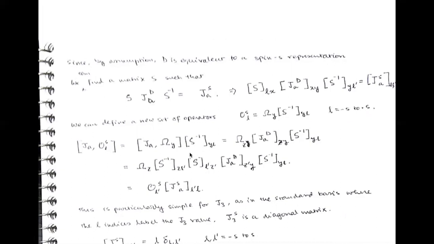So now what do we have? You can operate J_a on O_Ls. So you write this out in the way that we have been doing so far. If you use the fact that O_Ls is given by what you have here, this just translates into J acting on omega y.